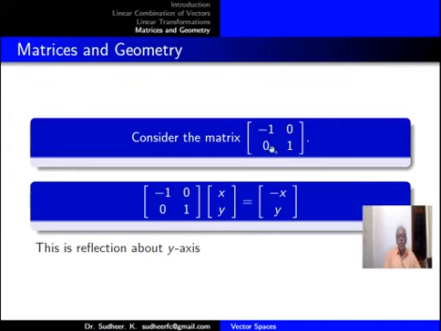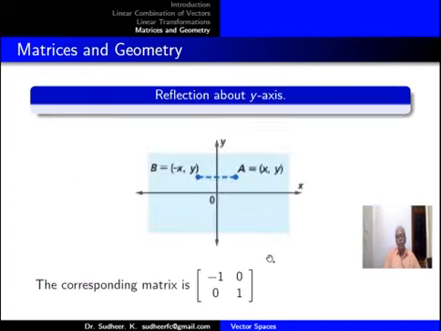Now consider the matrix [-1, 0; 0, 1]. And [-1, 0; 0, 1] acting on the column matrix (x, y) equals (-x, y). So there is a geometrical meaning for it. The point A(x, y) and the point B(-x, y).